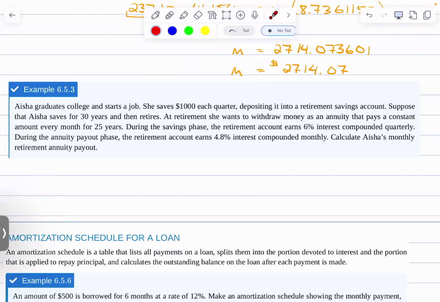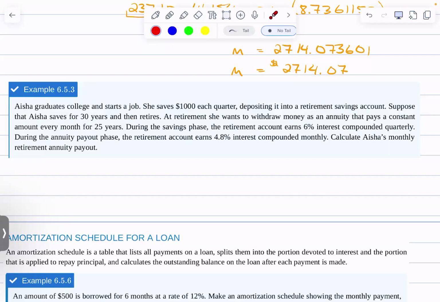Oh, she graduates college. Aisha graduates college and starts a job. She saves $1,000 each quarter, depositing it into a retirement savings account. How responsible. Suppose that Aisha saves for 30 years and then retires. So now what's the scenario?